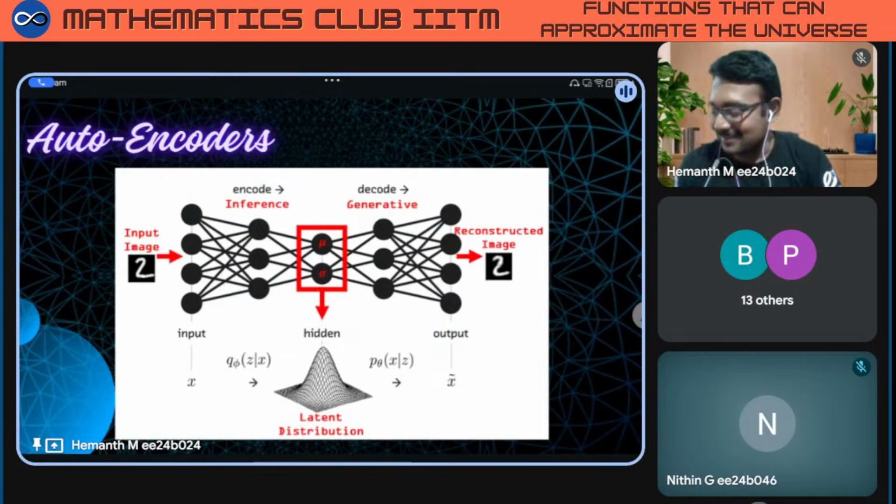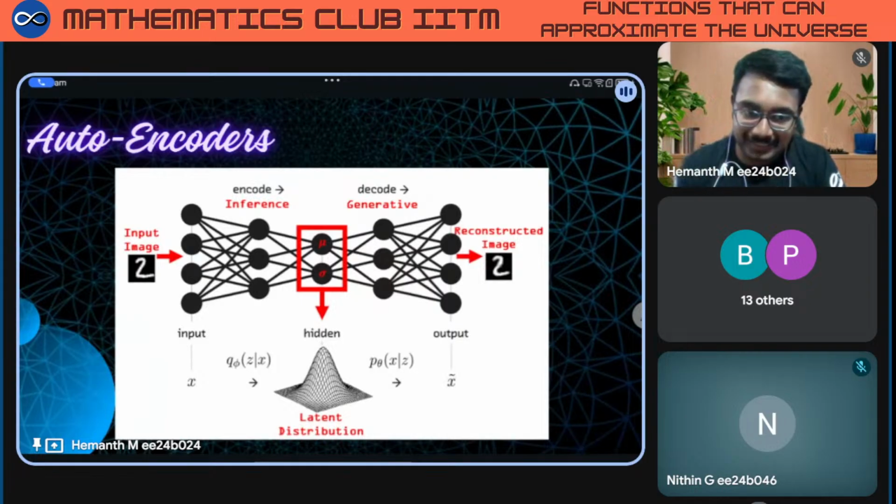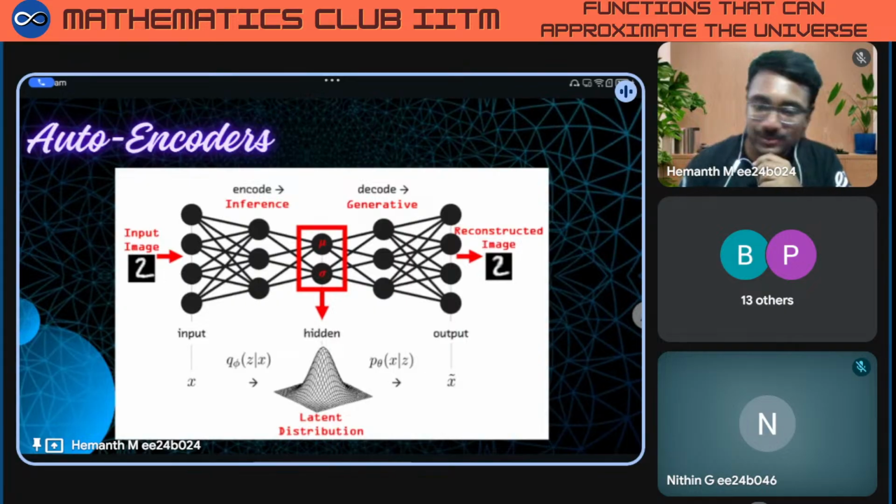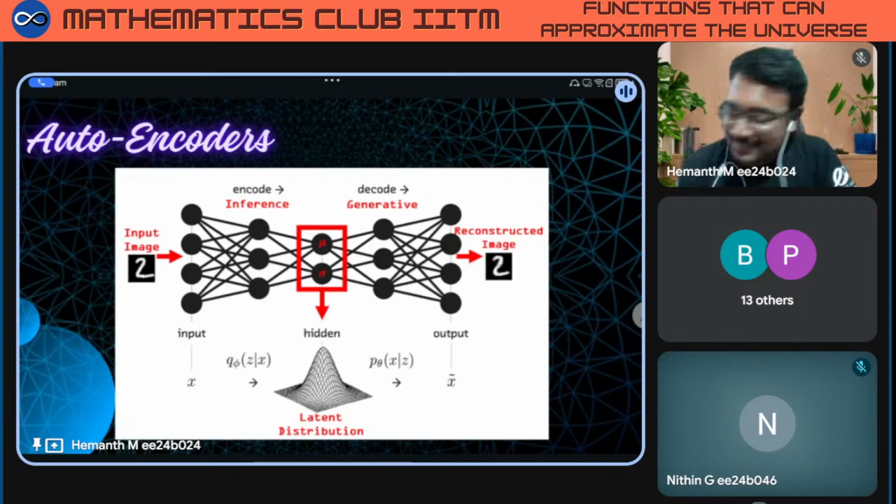This is an interesting thing which is used in many generative AI models, like for generating images and many such applications. Autoencoders are used, so if you are curious enough, you can look them up after this session.